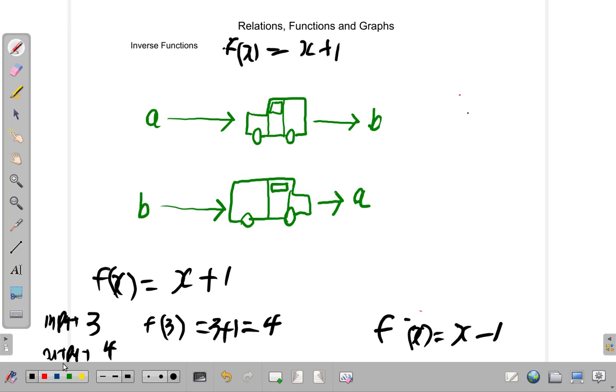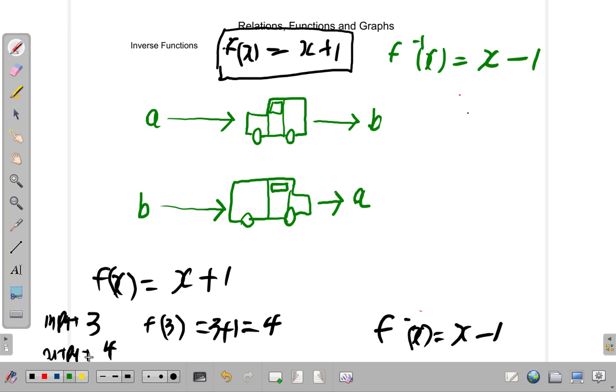That was my function. And the inverse function, f inverse of x equals x minus 1. I have up here my function and my inverse function. Remember, this is my function and this is my inverse function.